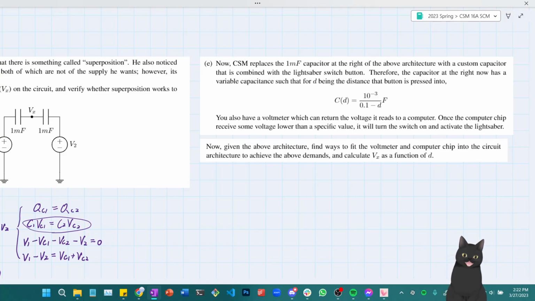I also have a voltmeter, which reads a voltage and returns it to a computer, such that the computer can read the voltage across a specific capacitor. The question asks how I should build this circuit, as well as how to compute Vx as a function of D, so that my computer chip can read Vx and decide what to do.